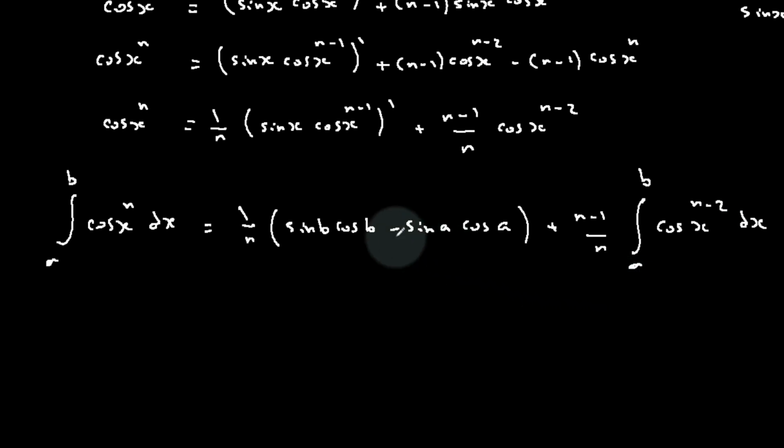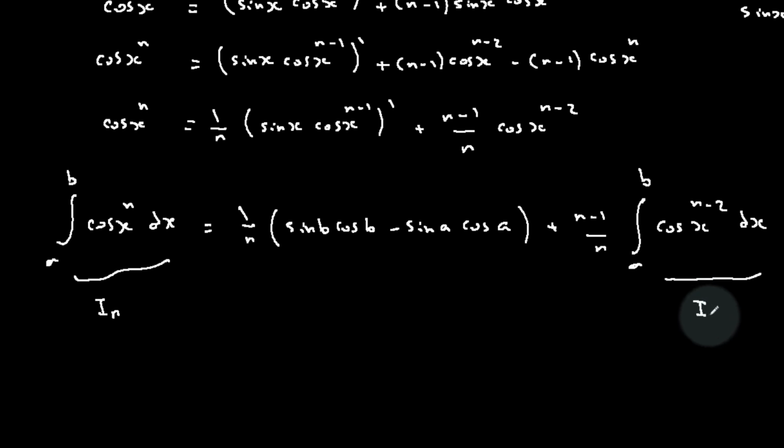Now for this equation, if we call this term I_n, because it depends on n, considering the same interval, this term is called I_n minus 2. Sorry, in parentheses we have a little error: we have power n minus 1 here and power n minus 1 here.